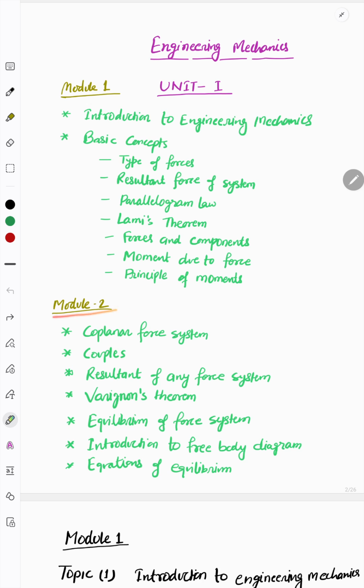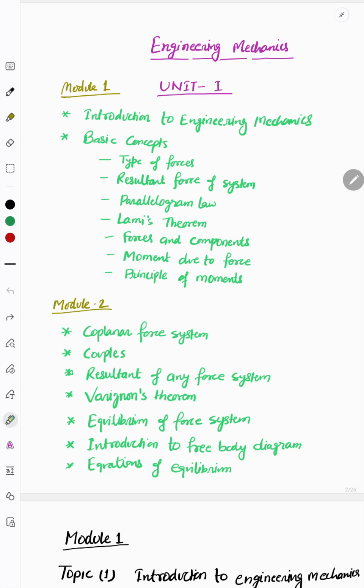Then in module 2 we are going to cover coplanar force system, couples, resultant of any force system, Varignon's theorem, equilibrium of force systems, introduction to free body diagrams and equations of equilibrium.